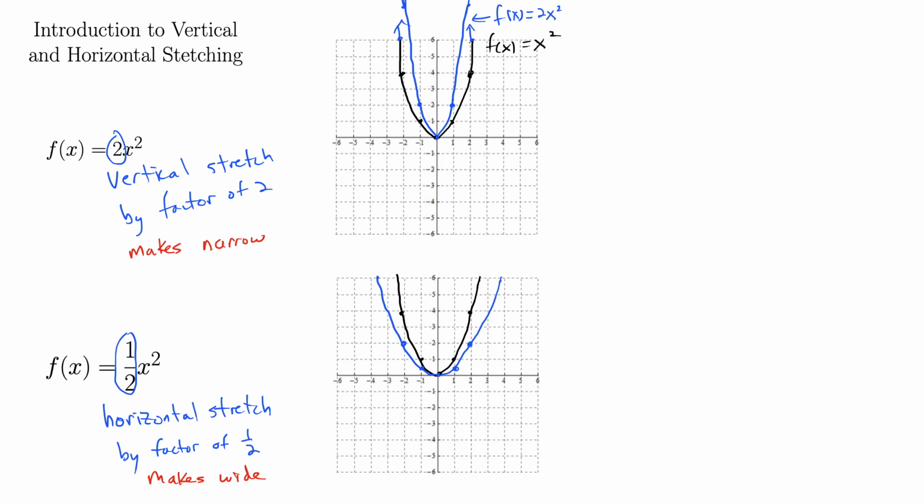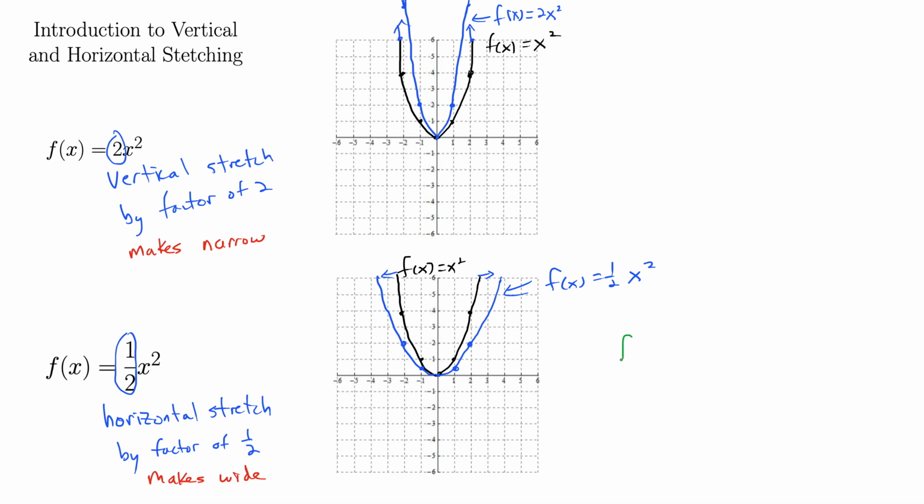Something like that. The first one was f of x equals x squared, and the blue one, the new one, was f of x equals 1/2 x squared. So imagine taking our original graph and pulling it out to the sides for this one.